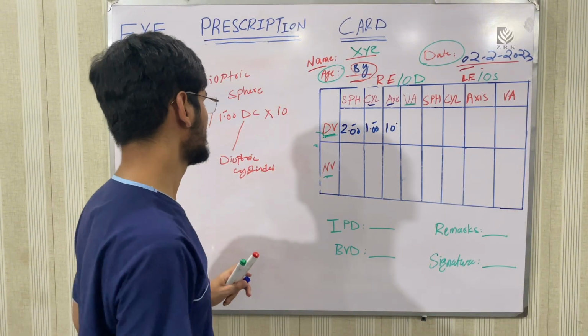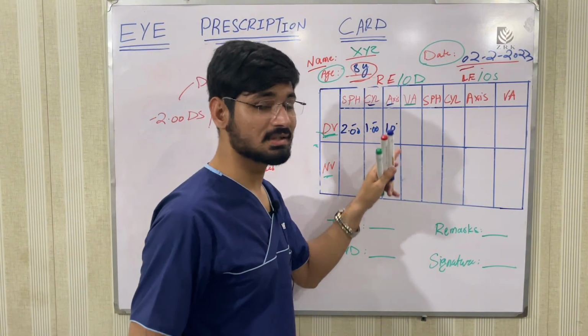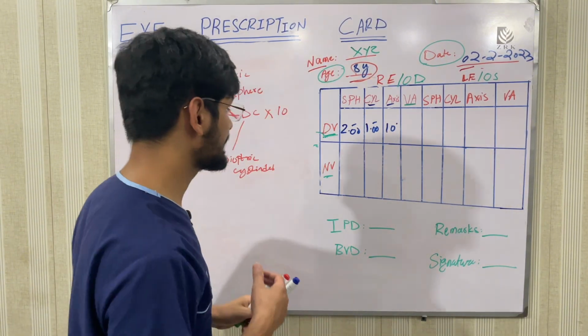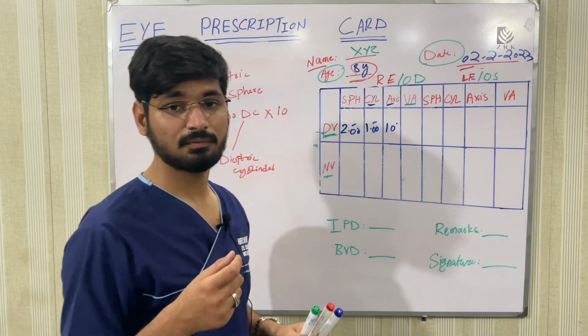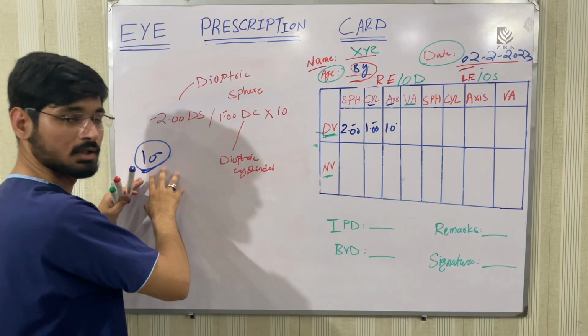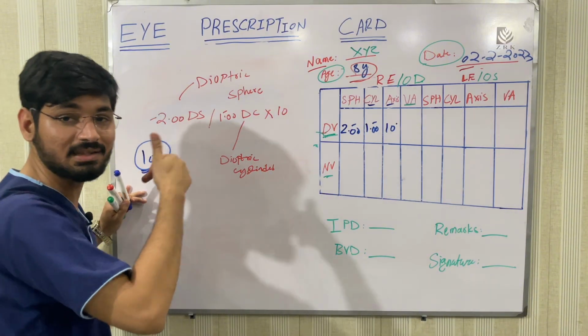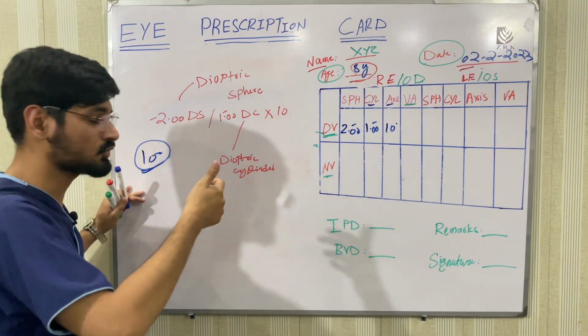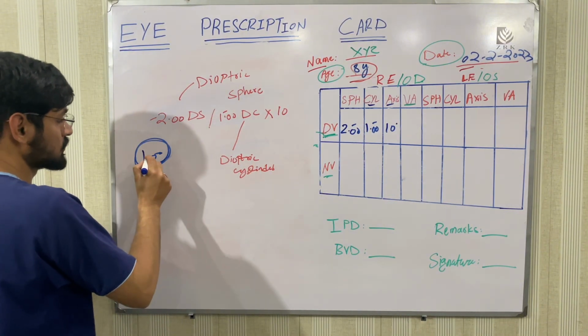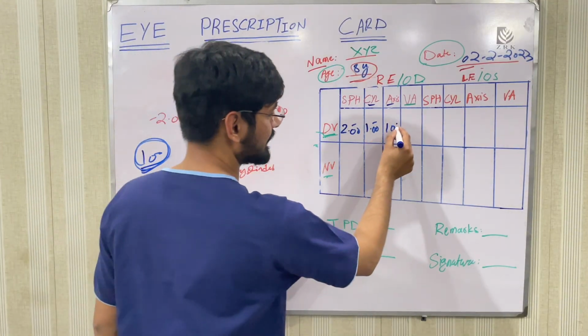Why is this wrong? Because this will confuse a dispenser, the person who dispenses the glasses. The person who will fit the glasses might be confused by this. So don't mention a degree sign.